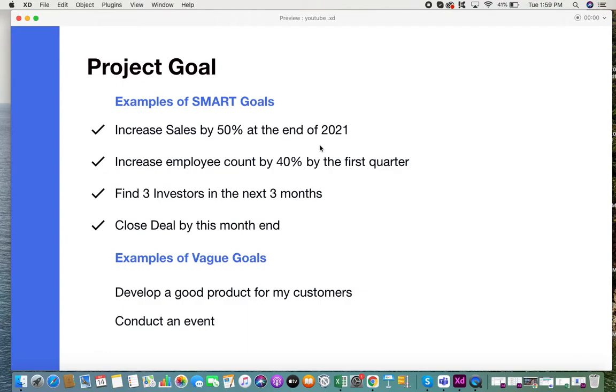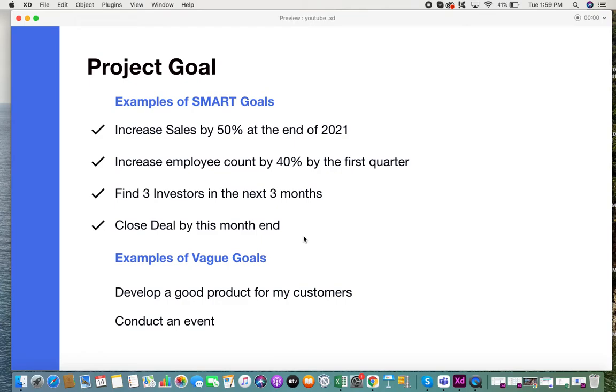And it has a timeline, which is the end of 2021. This goal is also attainable, and it also needs to be checked whether it's relevant to the project. Since it satisfies the SMART criteria, we can call it a SMART goal. Similarly, if you look at the other goals, they are very specific, time bound, measurable, and of course realistic.